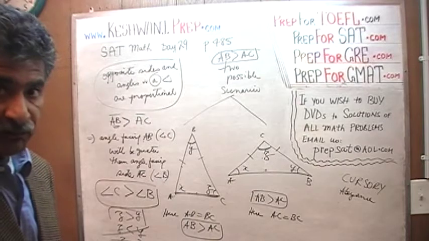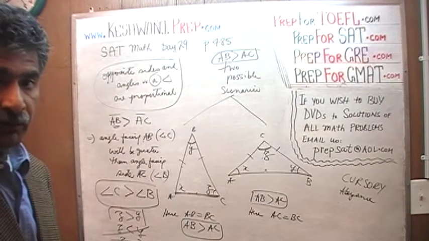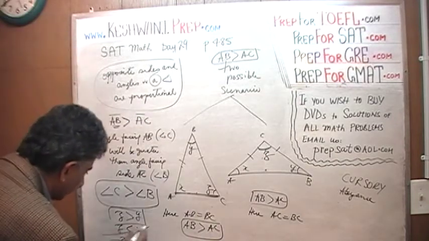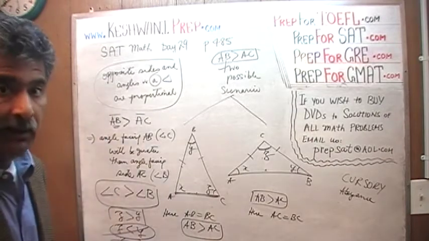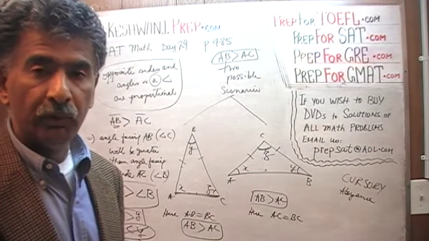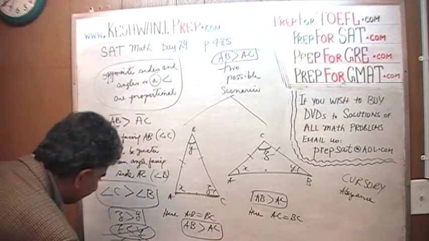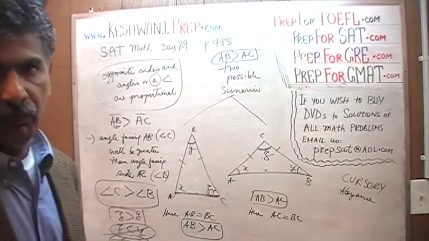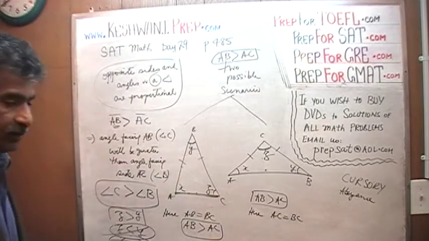Since we are looking for a false statement, we are looking for something which says Z is smaller than Y, or a statement which says Z is equal to Y. That will also be false because we know Z is bigger than Y.